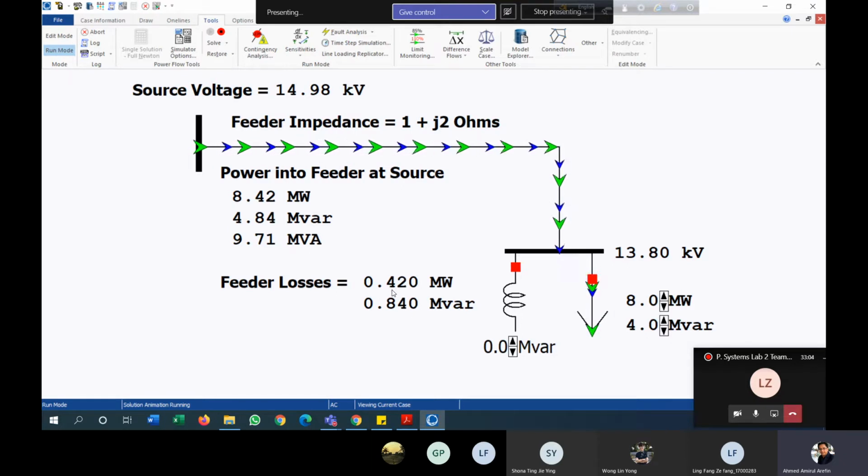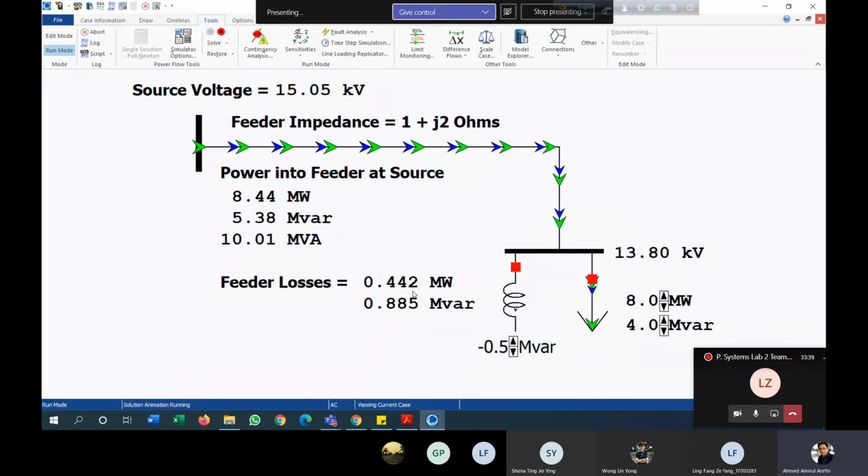So the transmission line efficiency formula is input power minus loss, divided by input power, times 100, for getting it in terms of percentage. Okay, this is the transmission line efficiency formula: input power minus loss divided by input power.